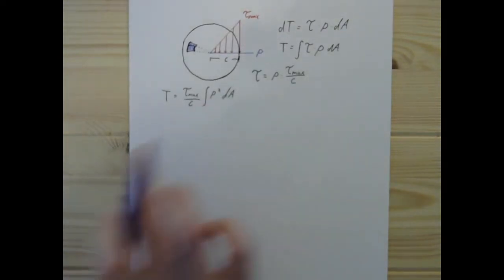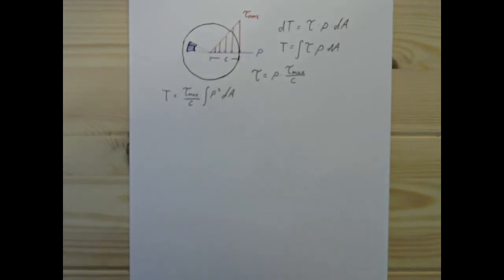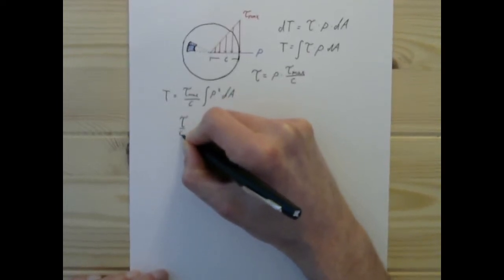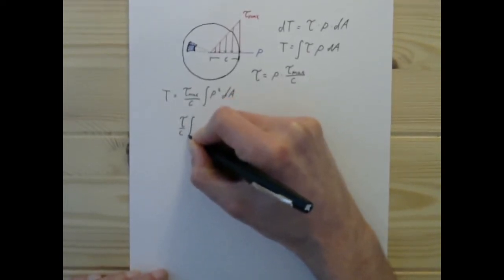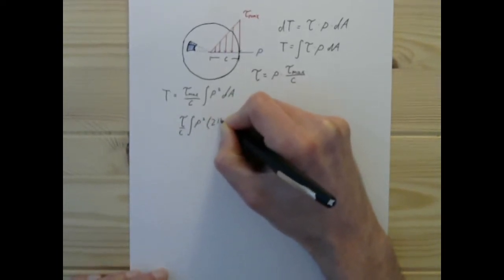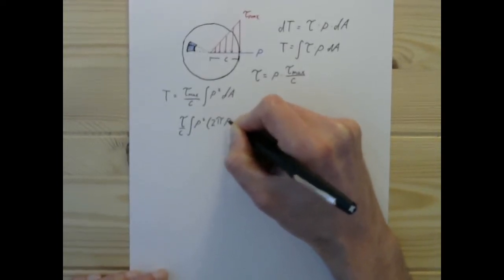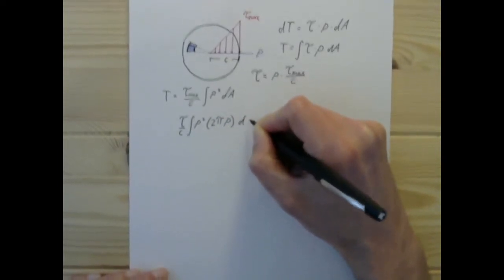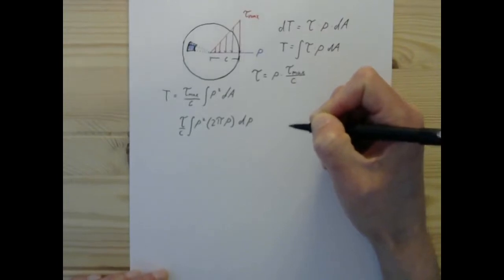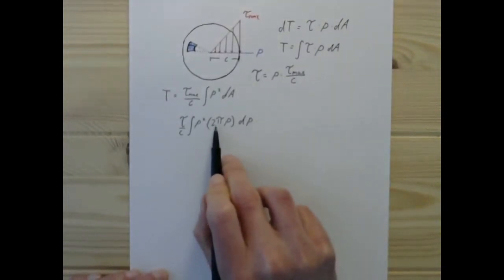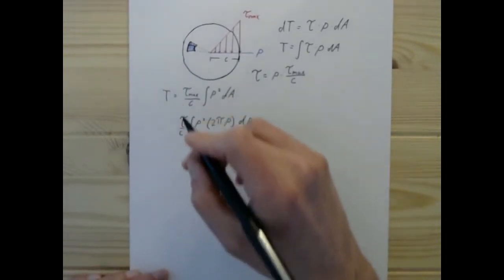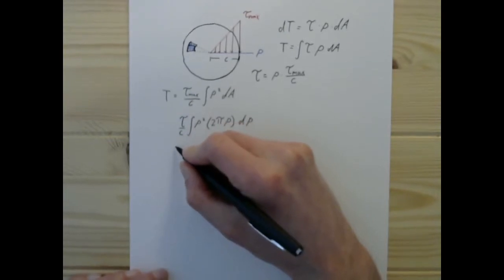So we can turn this into the same thing over c, integral of rho squared times 2 pi rho, integrated with respect to rho. Pi is a constant, as is 2. So let's write this all down on the outside, to make the integral as easy as possible.